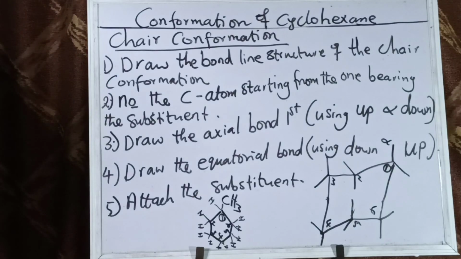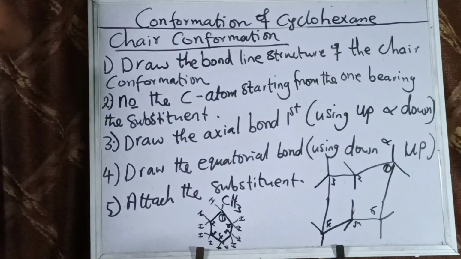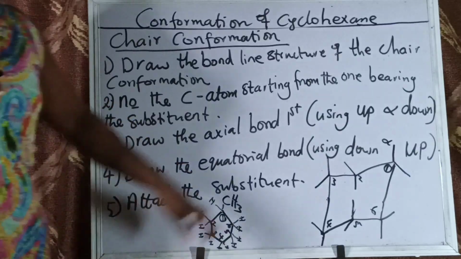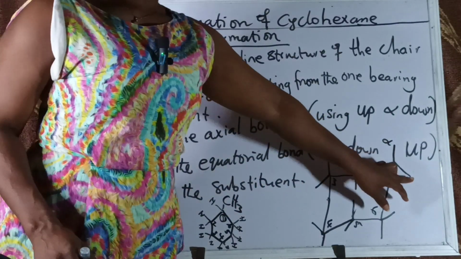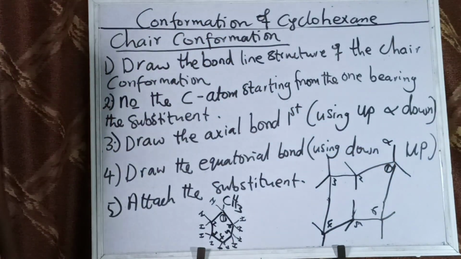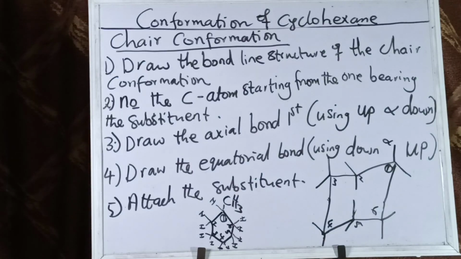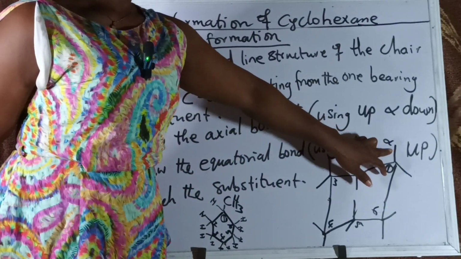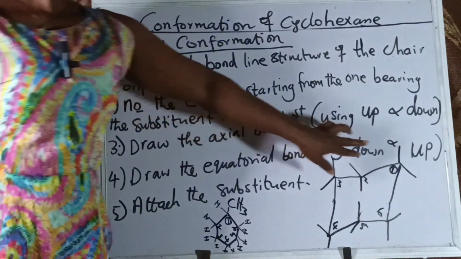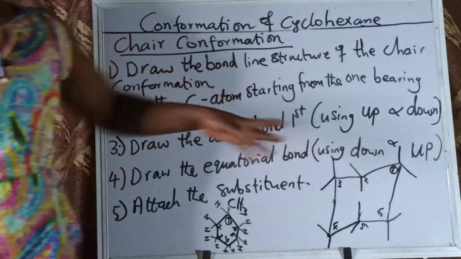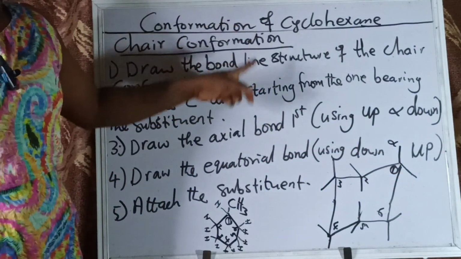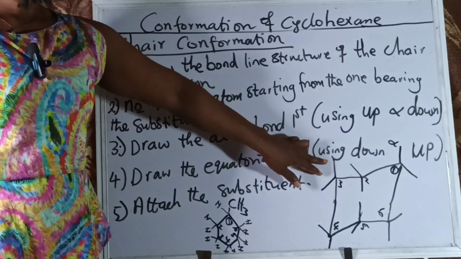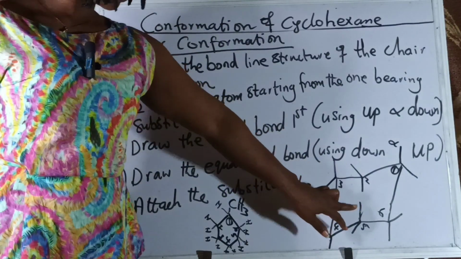Now, in doing this, what I will ask is, where will I attach my methyl? Will it be at the axial or at the equatorial? Remember, substituents placed at the axial position have steric repulsion with the hydrogen on carbon number 3 and carbon number 5.